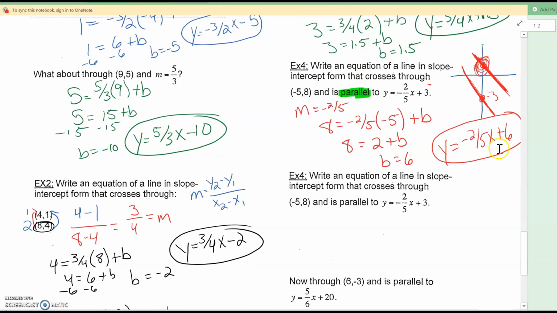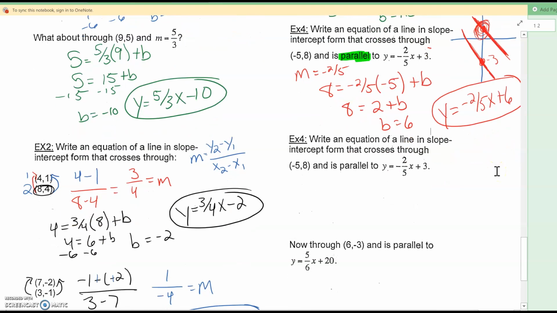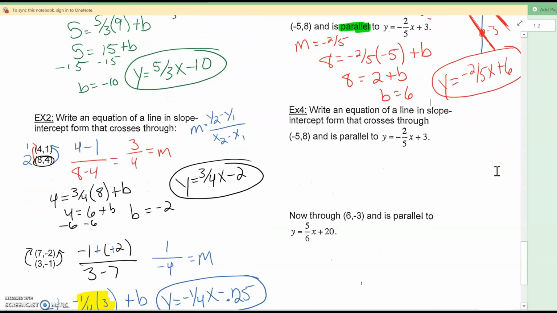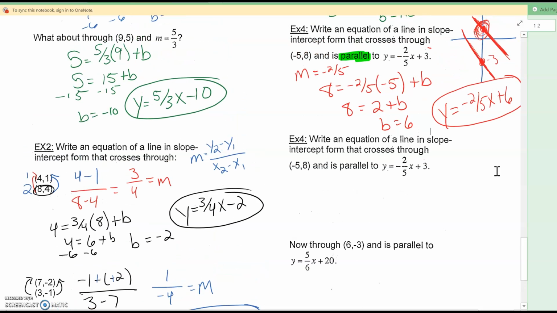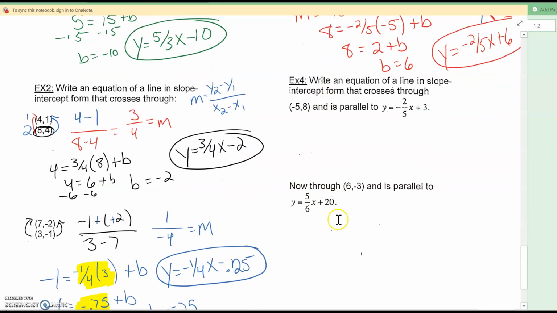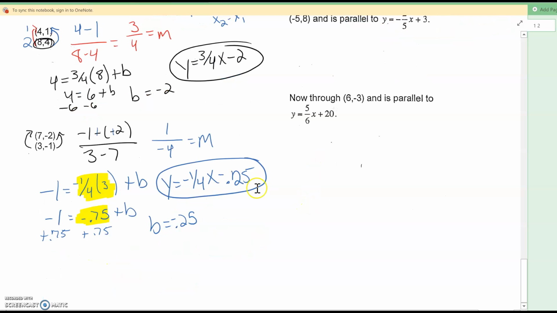Okay, go ahead and do example 4 here, and we will see how that one goes. It looks like we already did number 4. That's why I paused there. So go ahead and do this last example, and then we will see what you get.